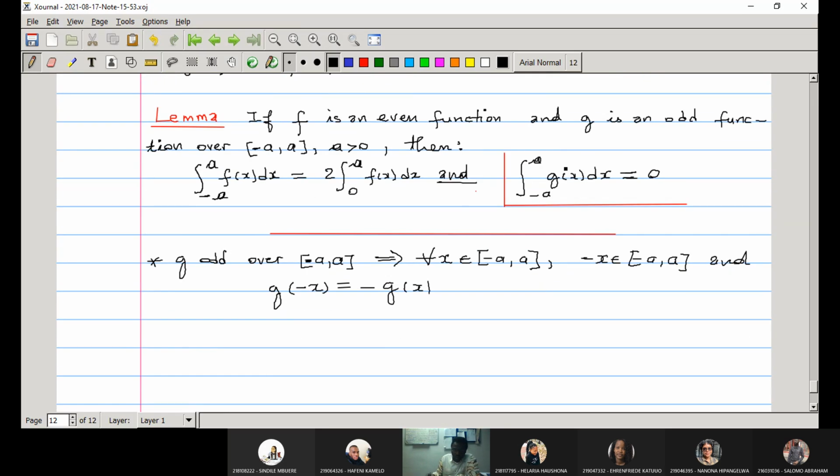Now, what do we want to prove? We want to show that this integral is 0.